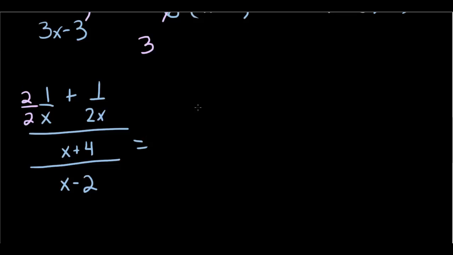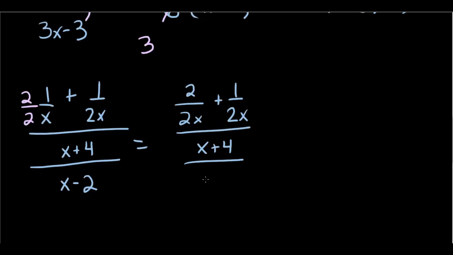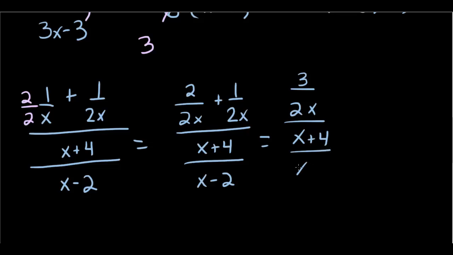So that's going to give me 2 over 2x plus 1 over 2x over x plus 4 over x minus 2. Now that I have a common denominator, I can just add the numerators. 2 plus 1 is 3 over 2x over x plus 4 over x minus 2.